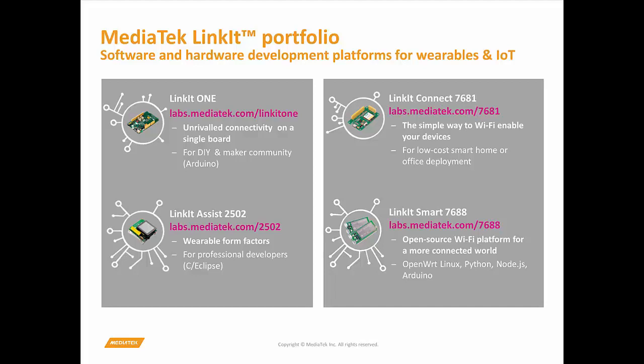And then we have the very smart LinkIt Smart 7688, which runs a Linux system on the system on chip itself. It's an OpenWrt Linux, and you can program it with Python, Node.js, or Arduino. And you can also change the Linux system itself with C. So a very capable board as well.